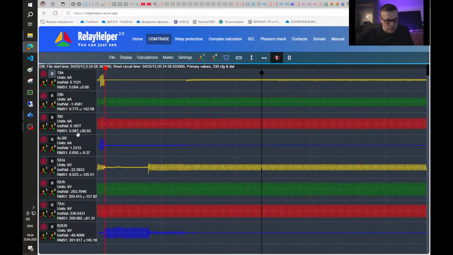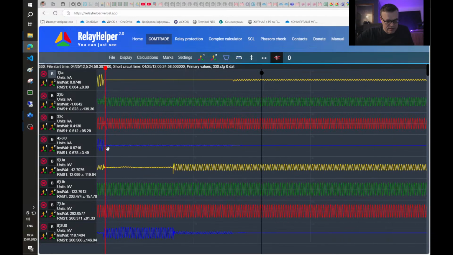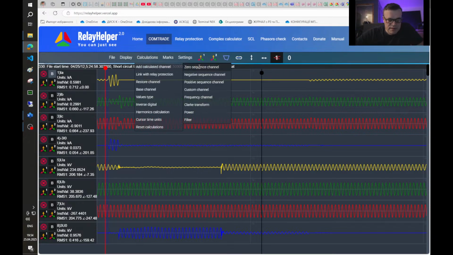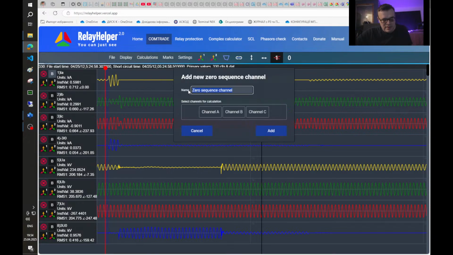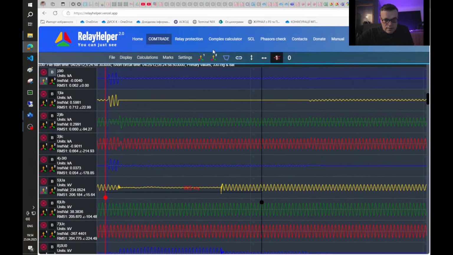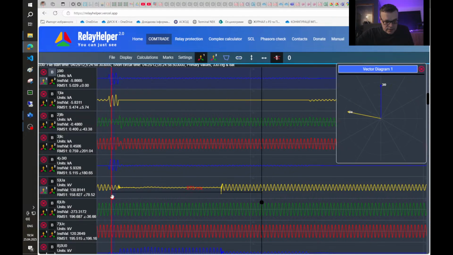So here we also have minus zero current, and I need to calculate it first, making the base. So here faulted phase A, and let's see what we see.